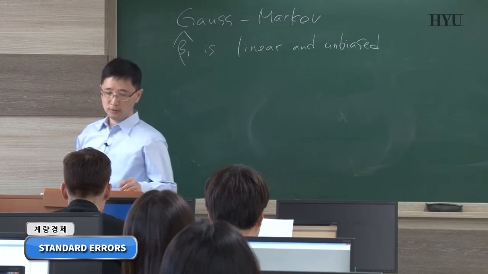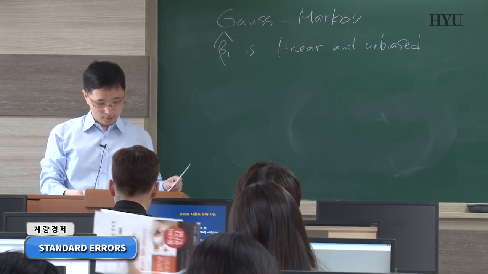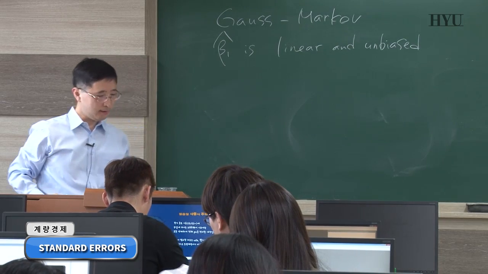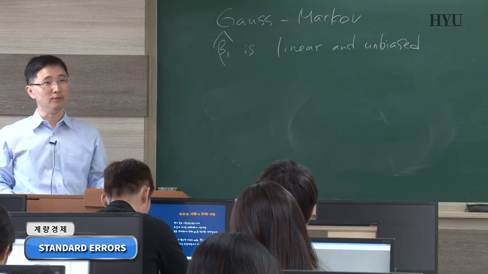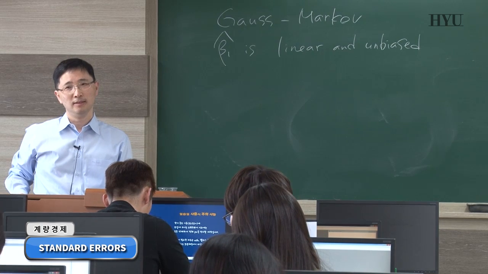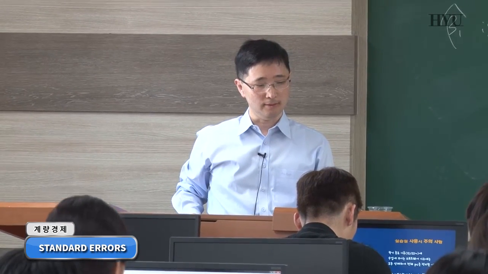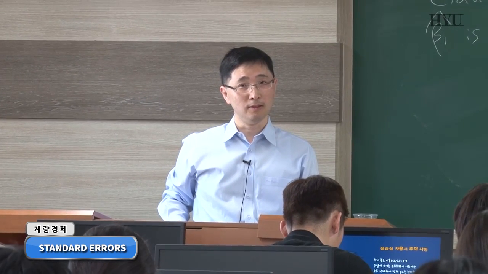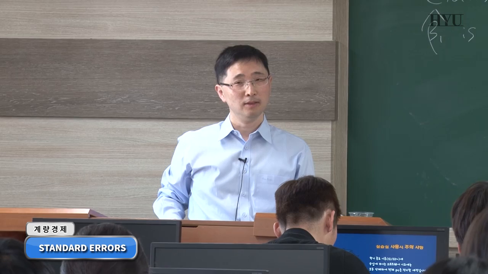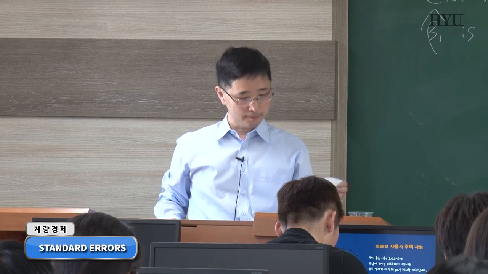So there's a few calculations I asked you to try yesterday, and it is related to the Gauss-Markov theorem. It says that the least squares estimate is the best estimator for the linear regression among all the unbiased linear competitors.